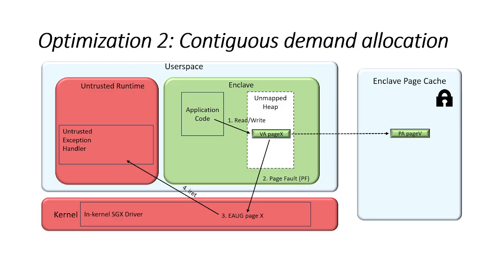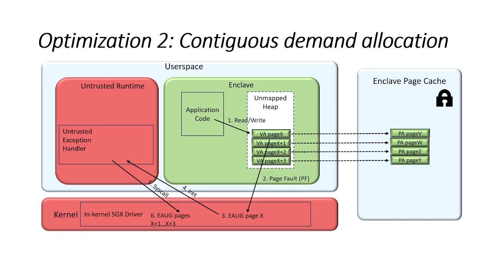Rather than returning into the enclave at this point, as was the case with single-page demand allocation of EDMM, our modified runtime will instead perform a syscall to allocate the neighboring n-1 pages using EAUG. Thus, multiple neighboring pages of the page X will have their mappings in the EPC.